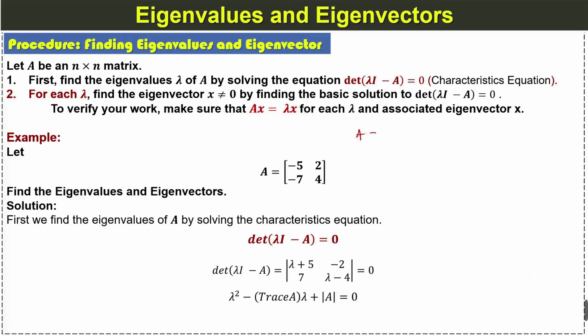For example, we have a 2 cross 2 matrix A11, A12, A21, A22.